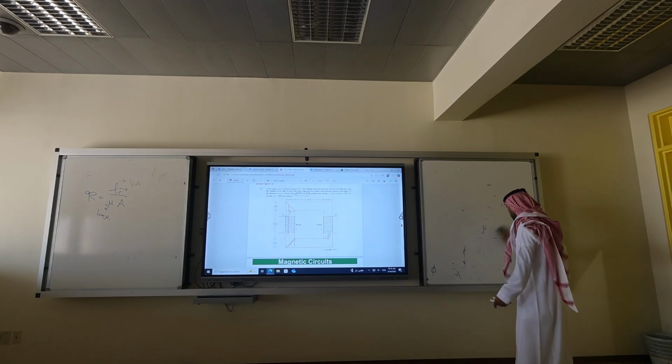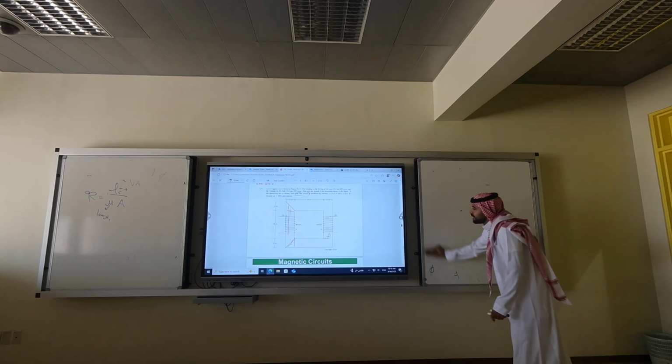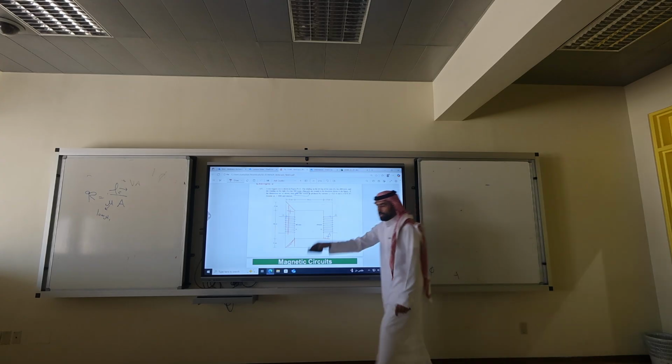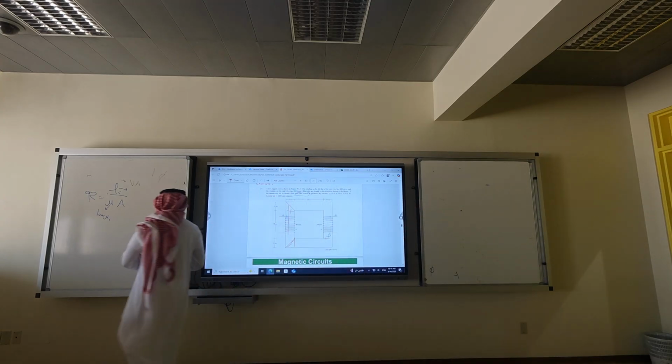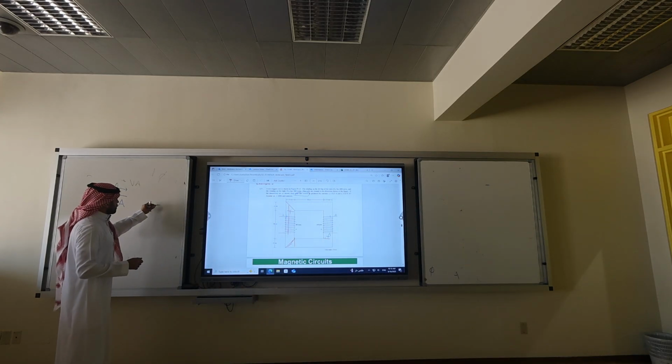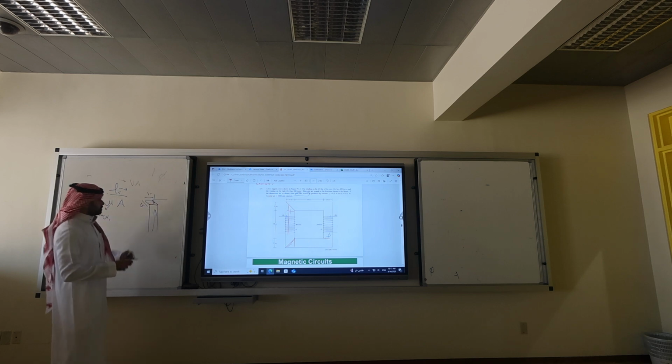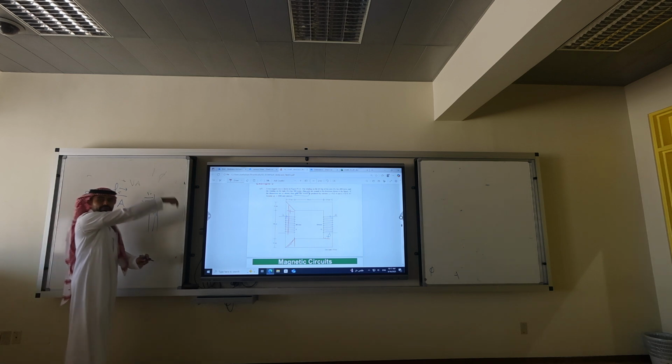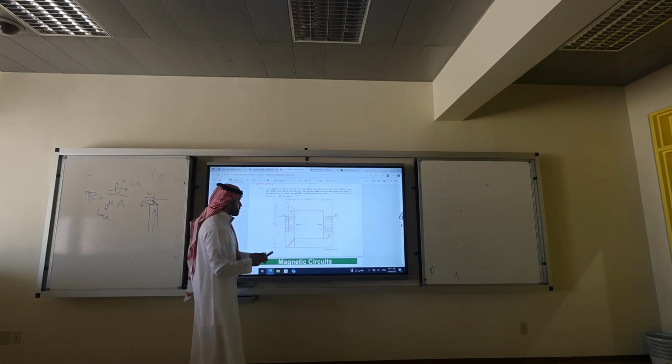Now, I know the mean length, I know the cross-sectional area, it's 15 by 15. When you draw the flux, it goes here, 15, and this one is 15. Flux going here, and it's uniform. There is no change in the dimension.